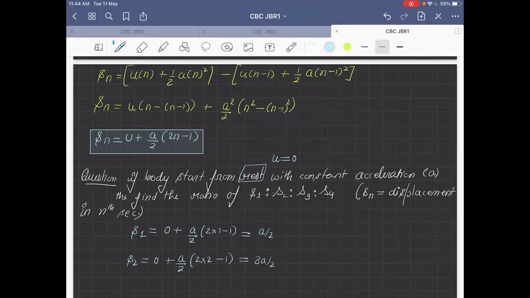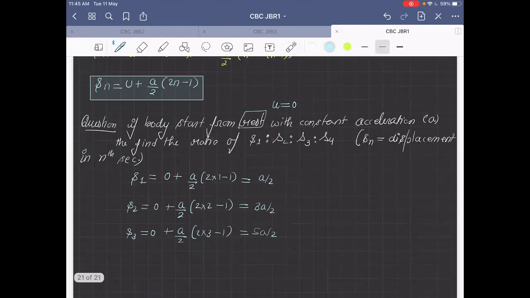S3 is 0 plus A by 2 into 2 times 3 minus 1, which is 5A by 2. And so on. You will get S4 directly as 7A by 2. So the ratio will be 1 : 3 : 5 : 7.